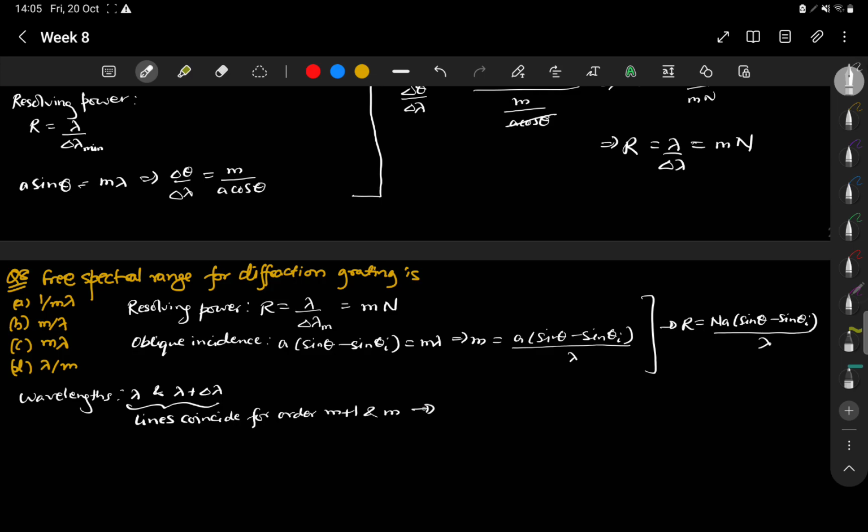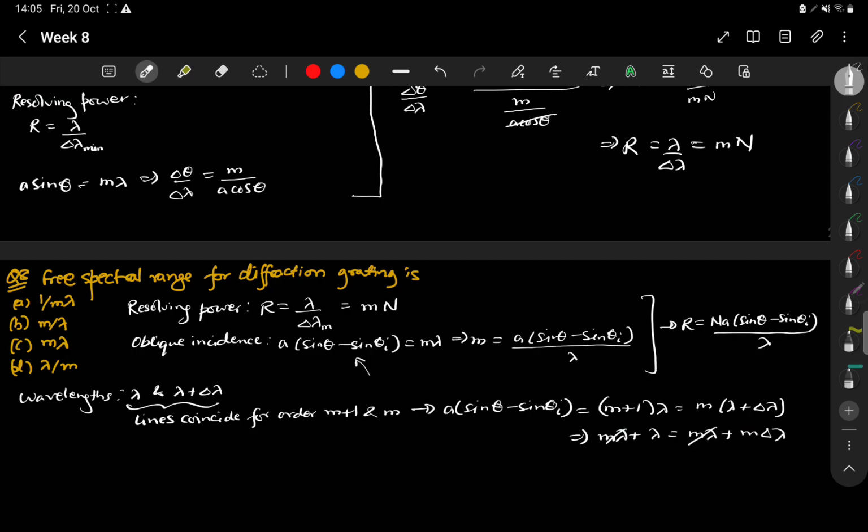So this means if I use this oblique incidence equation over here, a sine theta minus sine theta I equals m plus 1 lambda, and this line coincides with the line for lambda plus delta lambda, the mth order. So m times lambda plus delta lambda. Now if I expand this, I get the following, just simple algebra.